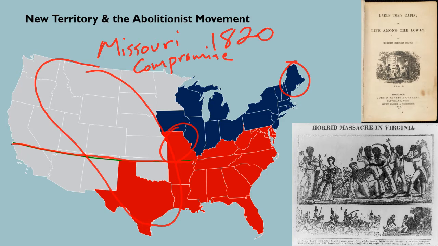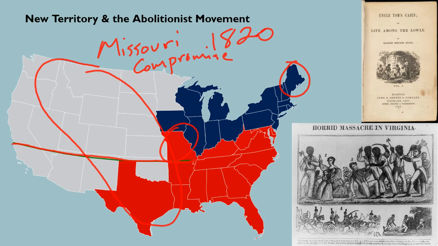Throughout the period of 1820 onwards, there was a growing abolitionist movement where more and more people became stronger against slavery. They wanted to end slavery altogether.